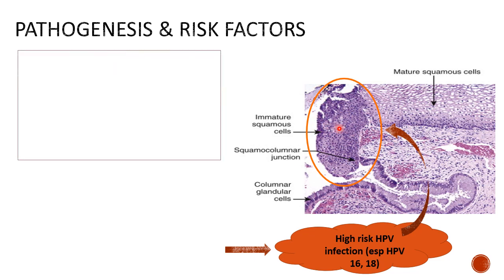Because high-risk HPV infection is a known etiology for the development of CIN and dysplasia, the risk factors for CIN and dysplasia relate to risk factors or behavior that increases the risk of acquiring the infection. If that makes sense.